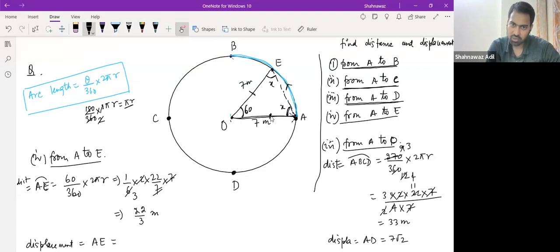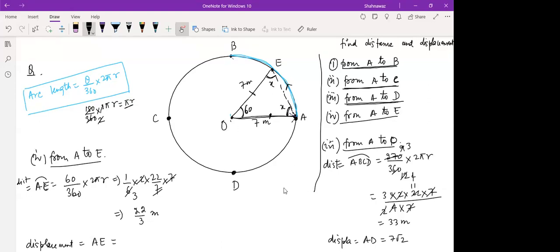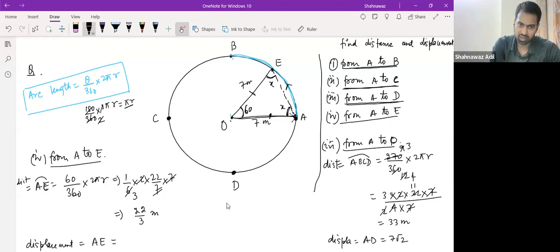First, let us figure out what this x angle is. 60 plus x would be 180, so 2x is 120, right? So x is 60, right?